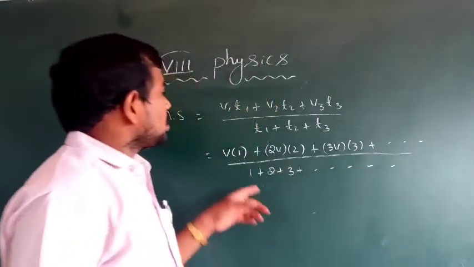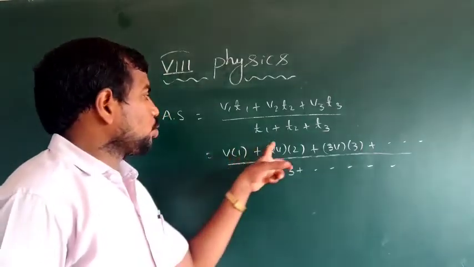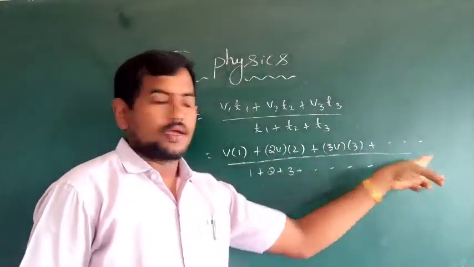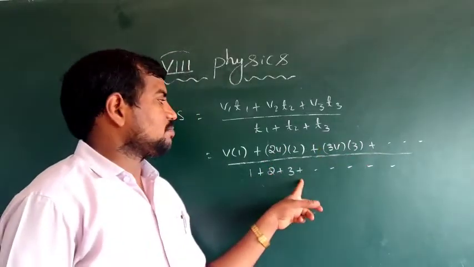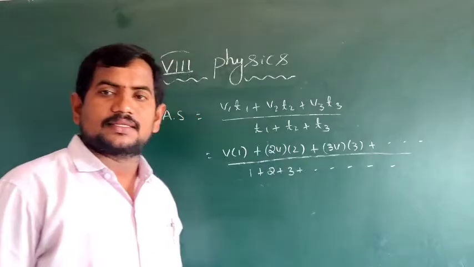Actually we should not write it like this; since 1 is to 2 is to 3 is given, we take 1T, 2T, 3T. And again the denominator is 1T plus 2T plus 3T. By taking T, it gets cancelled, so there is no problem.